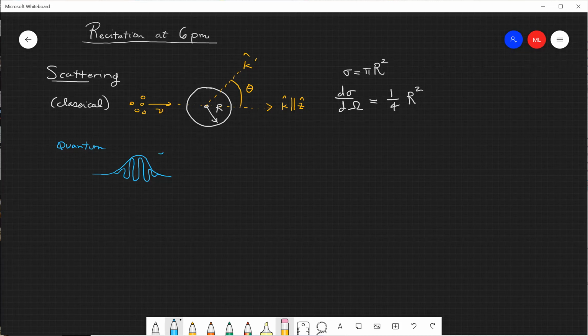So the incoming wave is going to be some plane wave along the z direction. And we know that this will have some energy associated with it, which is just the kinetic energy of an incoming particle. So it'll come in, and of course, it'll encounter some target. The target we're going to describe with some kind of potential.